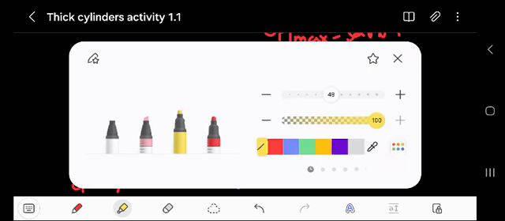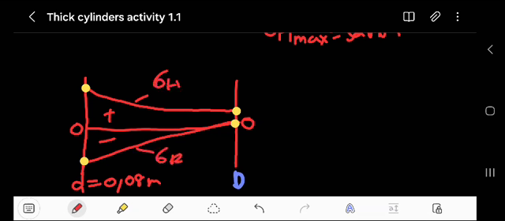Then the hoop stress will never reach 0. So here we have positive and negative. This is for hoop stress, this is for radial stress.